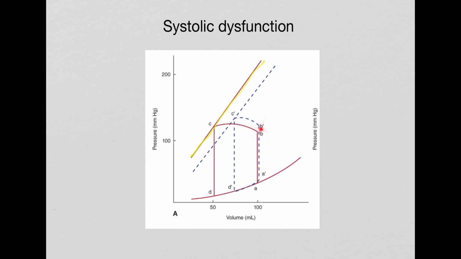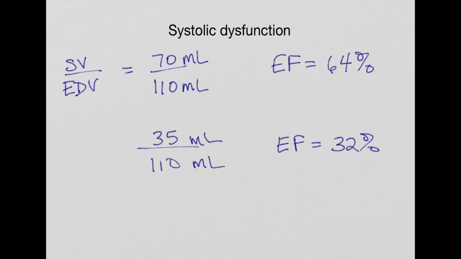So we still have our same filling over here, and then beginning of contraction, and then ejection of blood that's in the left ventricle. And you can see the lower stroke volume compared to the normal stroke volume in the red curve. We easily see systolic dysfunction reflected in an abnormal ejection fraction.